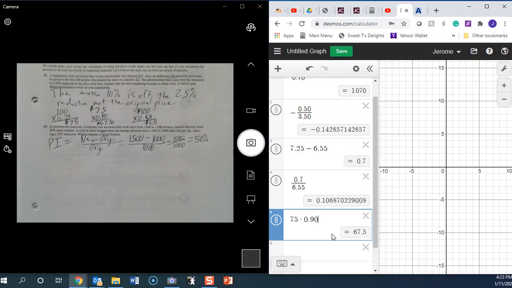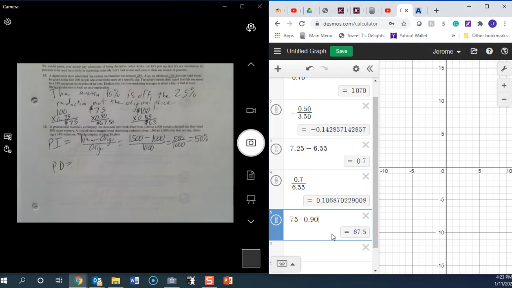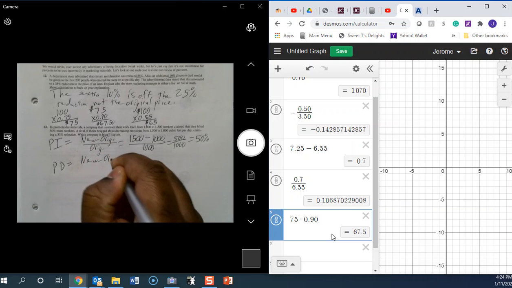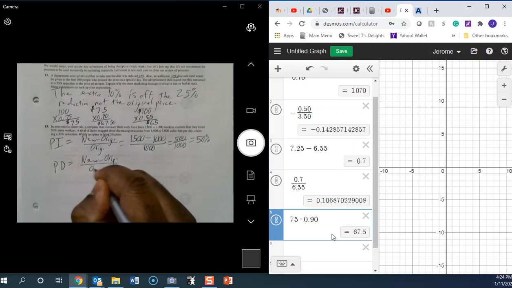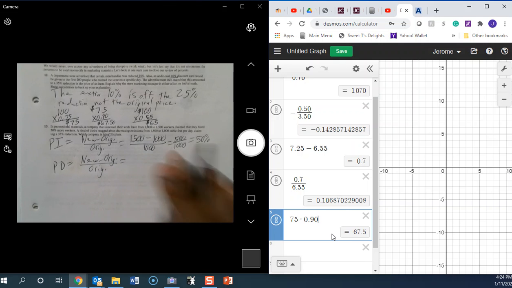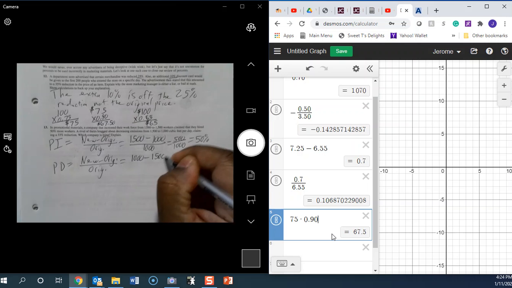Okay, now the next is a percent decrease because they said they lowered emissions. So we still do new minus the original divided by the original. So the new value would be 1,000. The original value was 1,500.